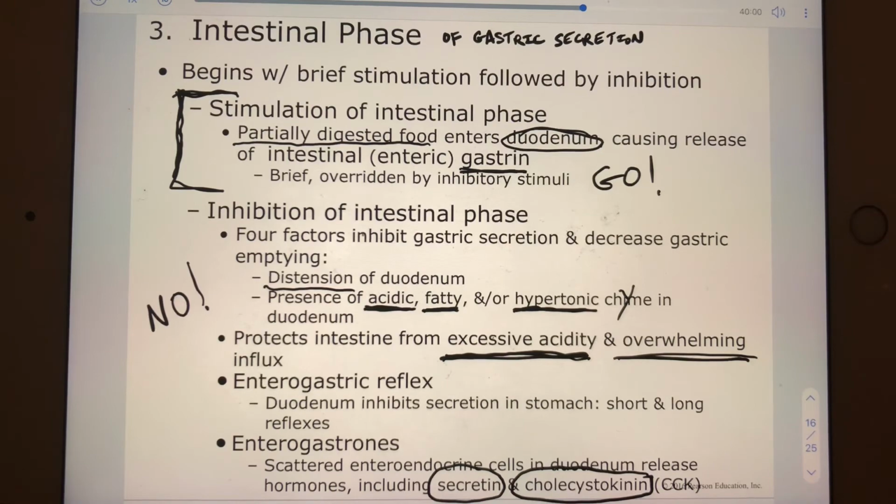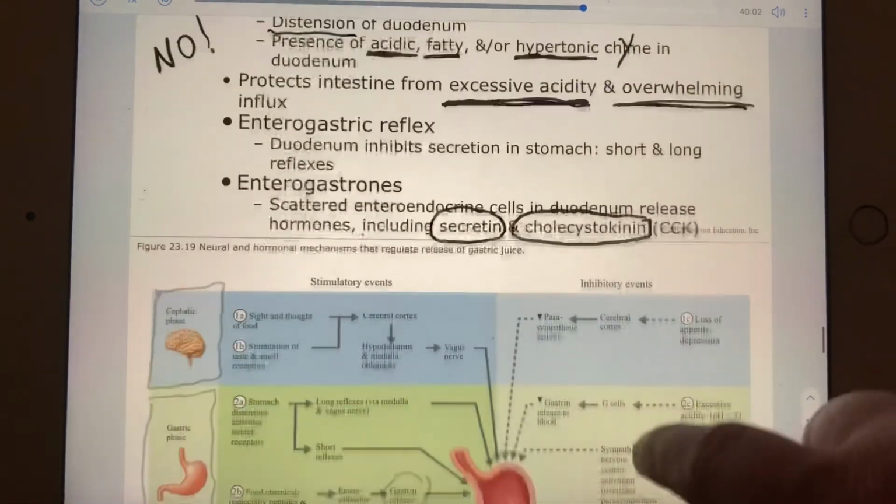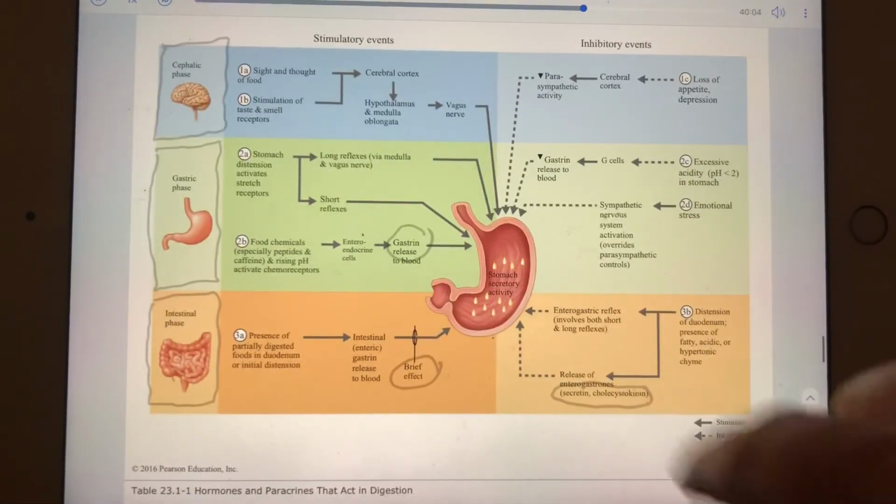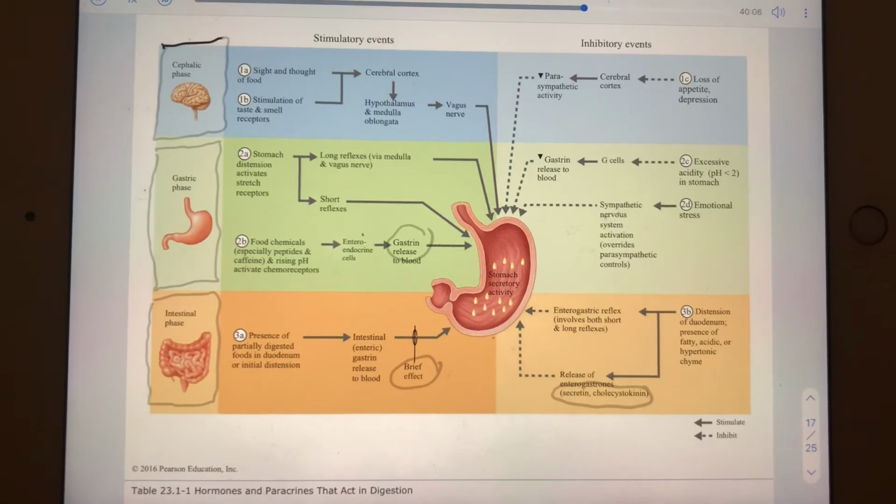The next slide, slide 18, is an overview of our different phases. The cephalic phase is stimulatory. The gastric phase is stimulatory, and one of the chief cell signals involved here is going to be gastrin.